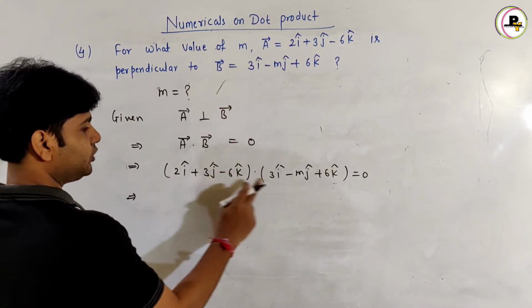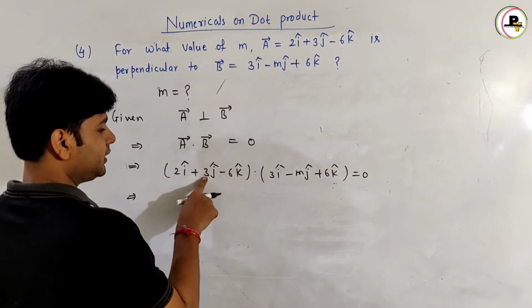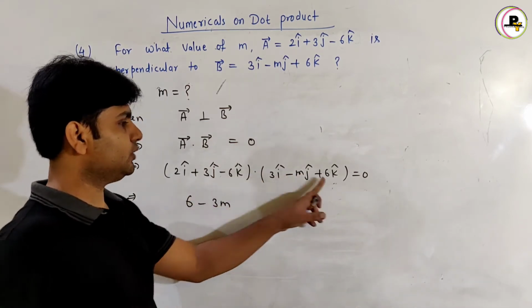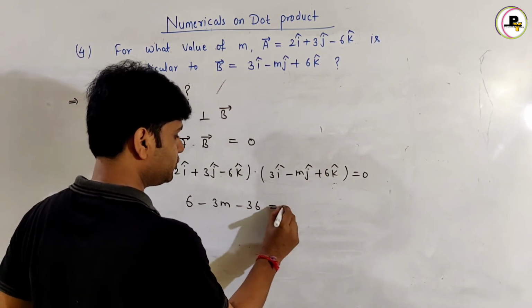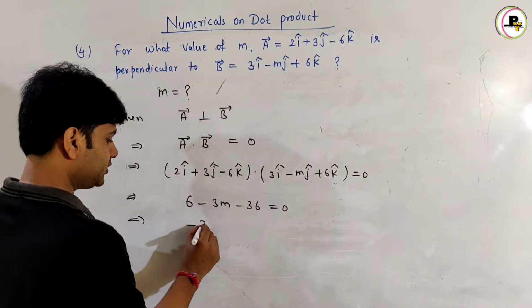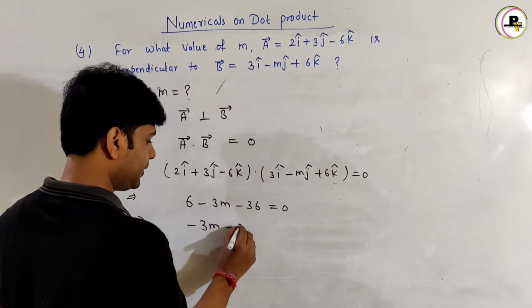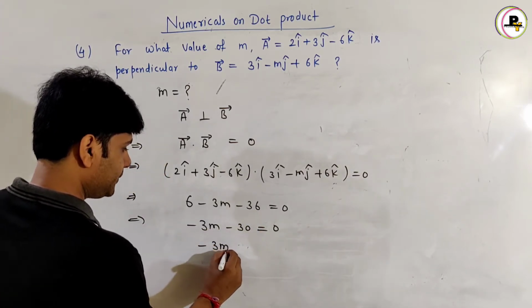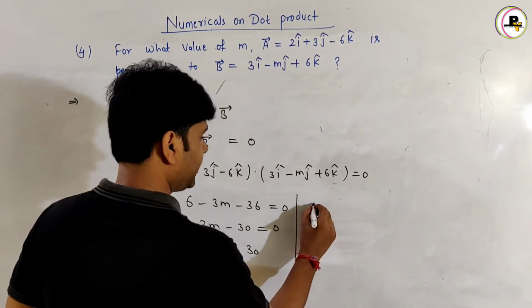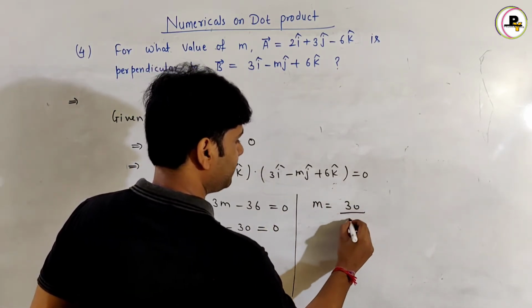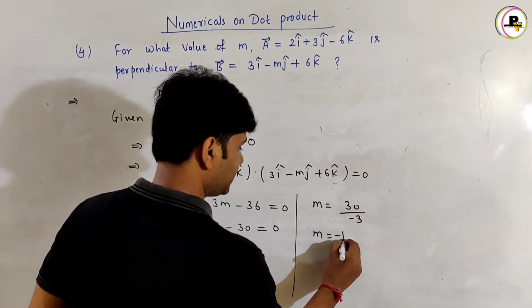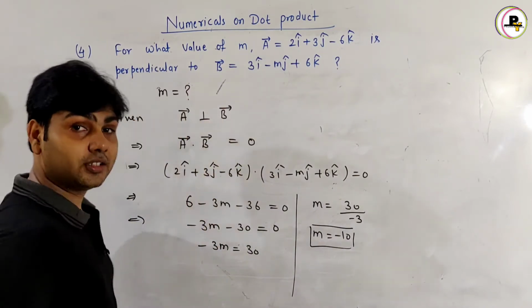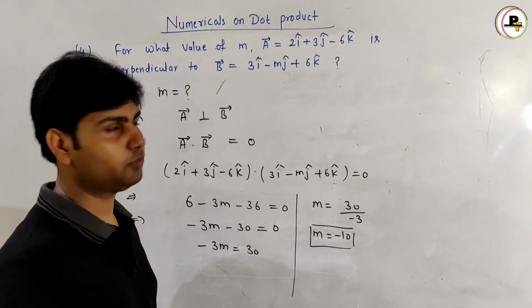Therefore ax into bx, that is 2 3s are 6, plus 3 into minus m, that is minus 3m, plus minus 6 into plus 6, that is minus 36, equals 0. Or minus 3m, 6 minus 36 will be minus 30, equals 0. Therefore minus 3m equals 30, and therefore m is equal to 30 divided by minus 3, which simplifies to minus 10. Therefore for m equals minus 10, vector A will be perpendicular to vector B. This is the solution of question number 4.